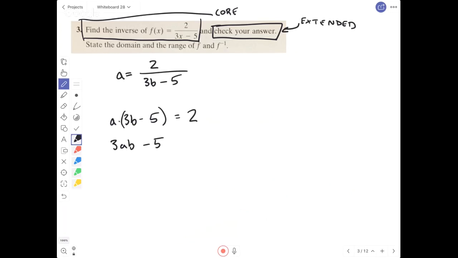So 3ab minus 5a equals 2. Add 5a. So 3ab equals 2 plus 5a. And divide by 3a.